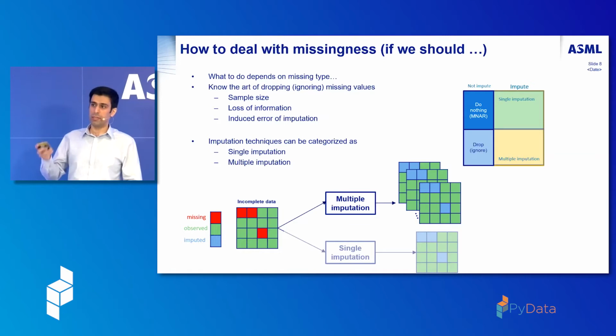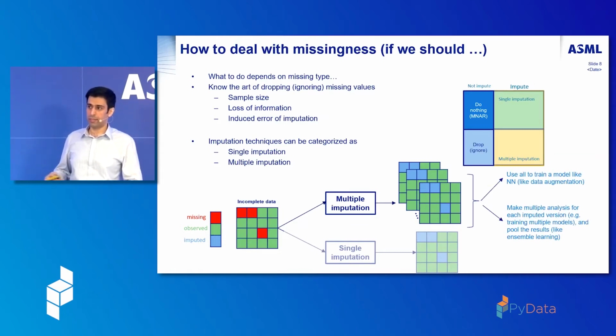If you want to use these new data sets in your machine learning or data science task, you may either apply your analysis on all of these data sets individually and then do some combination and pooling in the end, like what you do in some learning, for example. Or if you want to train a neural network, for example, you can simply let the neural network be trained on all of them together. In that case, you are transferring the uncertainty from the data to the parameters of your neural network.